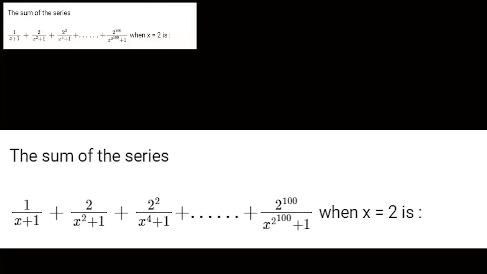Now the question is, we need to find the sum of the series, which is 1 upon x plus 1 plus 2 upon x square plus 1 plus 2 square upon x to the power 4 plus 1, up to 2 to the power 100 upon x to the power 100 plus 1. Now here we see in the denominator we have x plus 1, x square plus 1, x to the power 4 plus 1. So I suspect it has something to do with x minus 1.